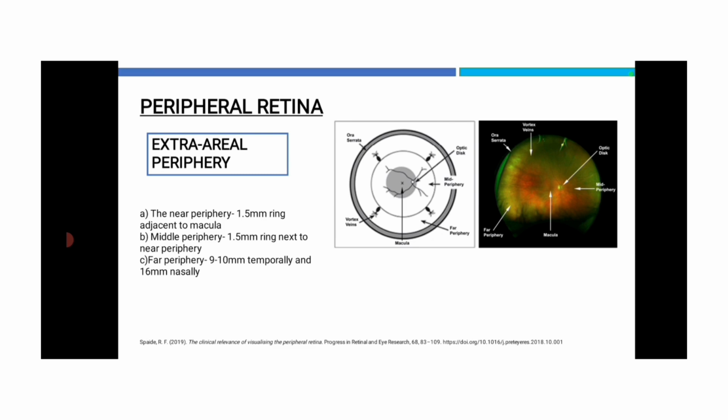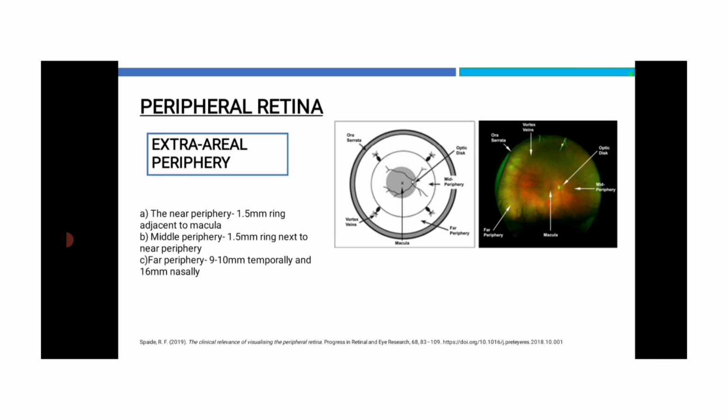Now we move on to the peripheral retina, which is also known as the extra-areal periphery. It increases the field of vision. Retinal regions based on gross anatomy, including vessels, was defined in 1961 by Duke-Elder, who categorized the peripheral retina into 4 zones.